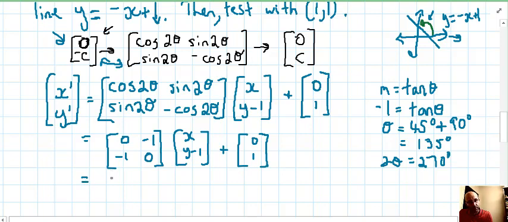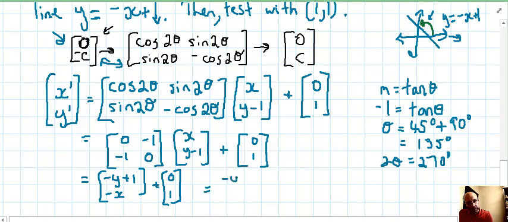And we have 0 times x, negative 1 times y minus 1, so that's negative y plus 1, and we've got negative x plus 0, so that just stays as negative x. Now we add on the 0, 1, and we've got a result here. We've got negative y plus 1, and we have negative x plus 1.